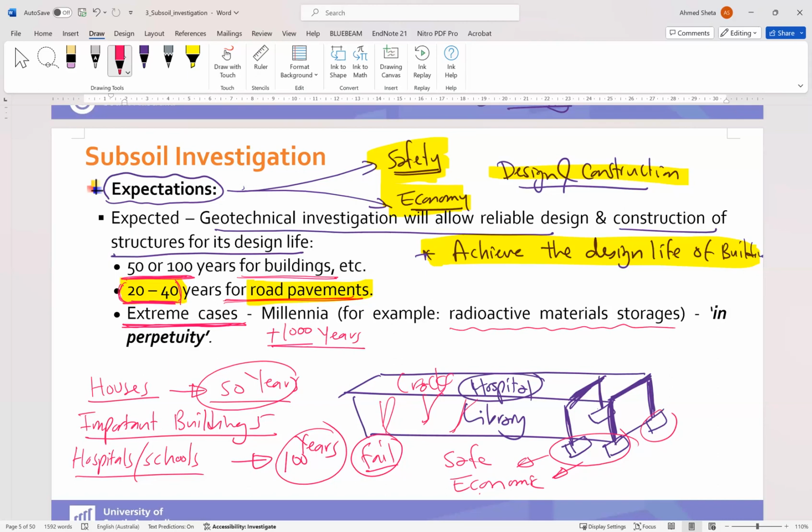So this should last forever, or almost, for thousands of years. But these are just extreme cases we don't deal with often. Still, you can have an idea that some buildings can last forever, but this is only theoretical.